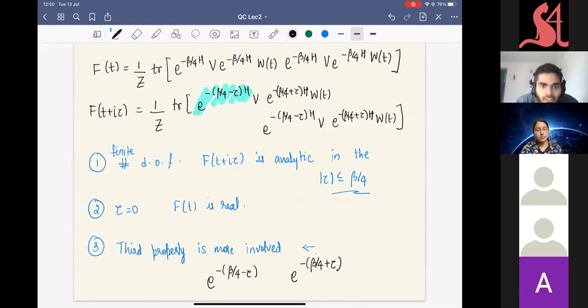All of them give oscillatory factors with energy, but these are accompanied by suppressing decay factors because beta by 4 is greater than tau. So you just assume an eigenenergy basis decomposition of V and W, and you'll see that they can't grow. It's some summation over the V energy 1, V energy 2 components and so on. Excellent.